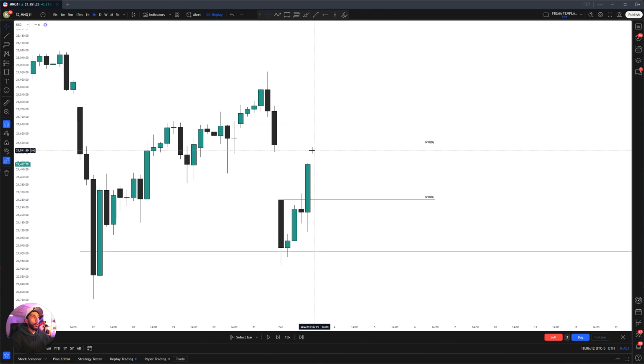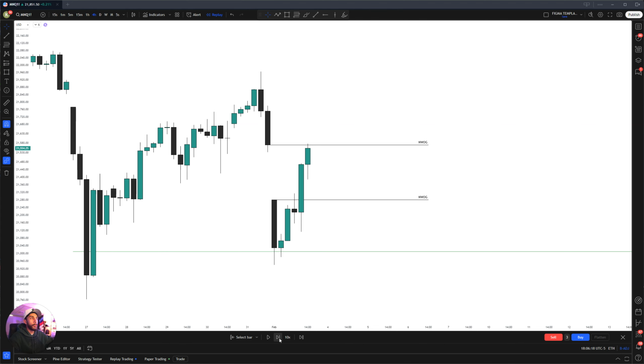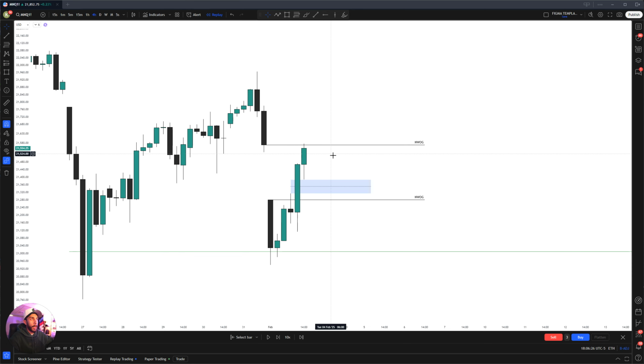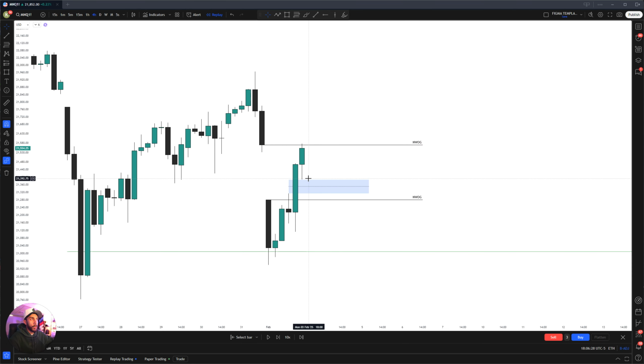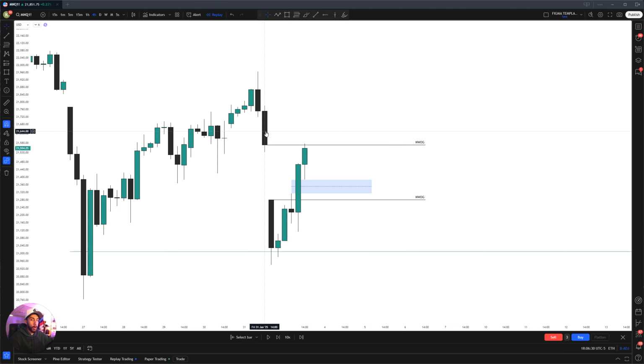Now, once price pushes into this draw on liquidity, we're going to leave several levels behind, right? Obviously, you guys can see we leave this particular fair value gap right here, and this is going to be our next draw. The first draw was that new weekly opening gap, okay?